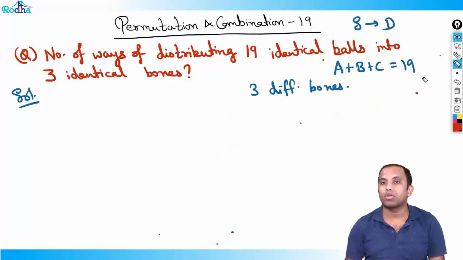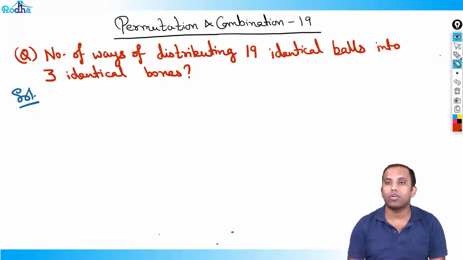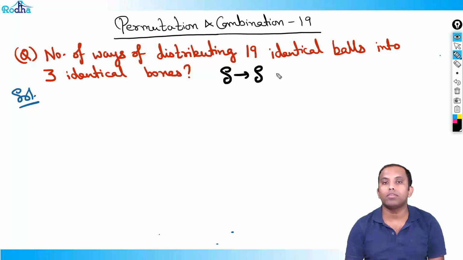So our note point is: in distribution of similar to similar, we can use the concept of ordered to unordered, and we know how to convert from ordered to unordered.